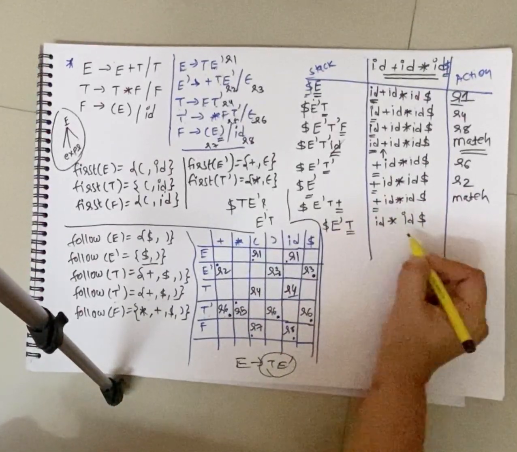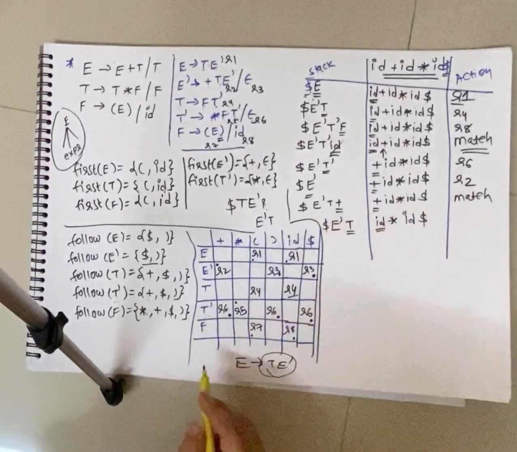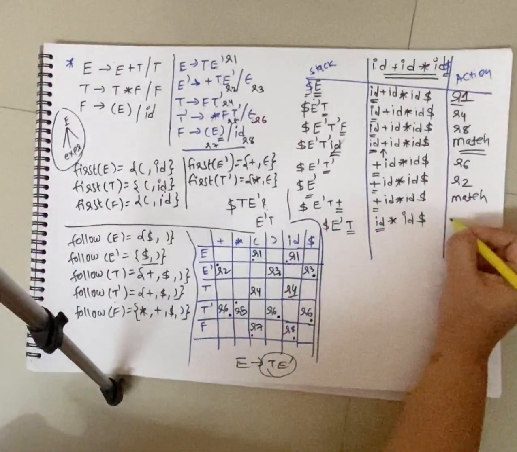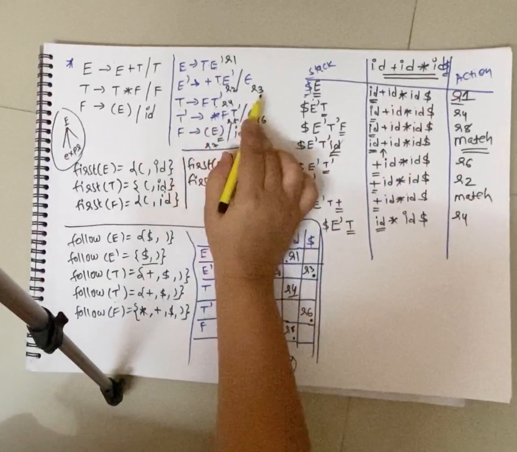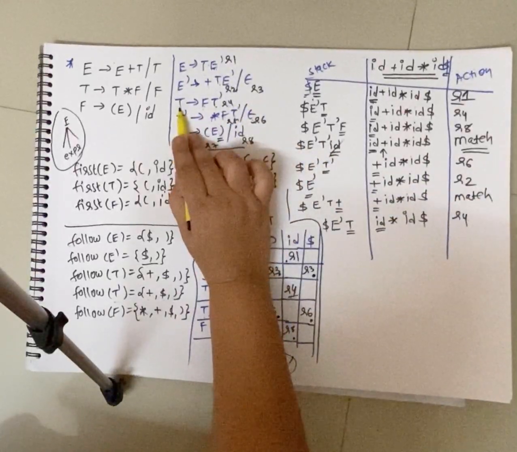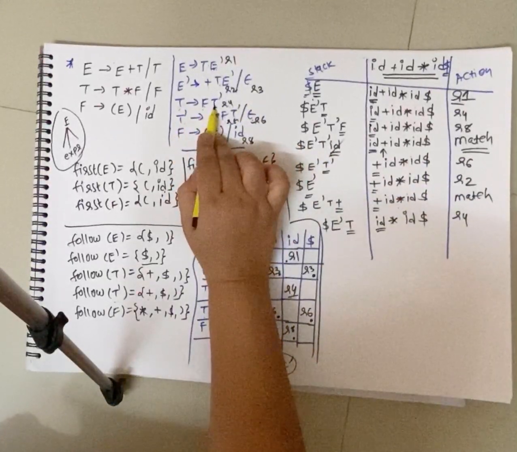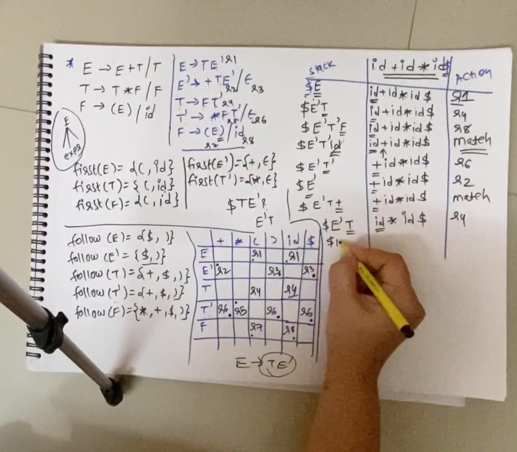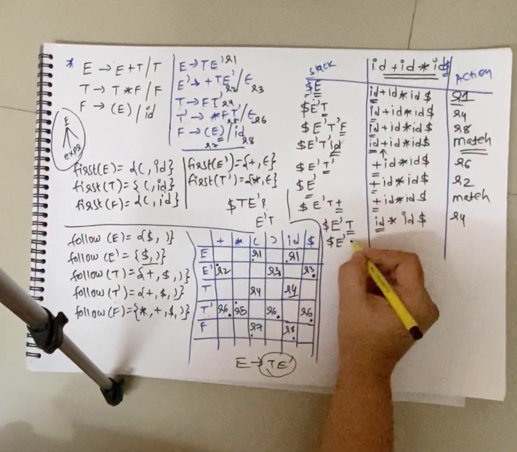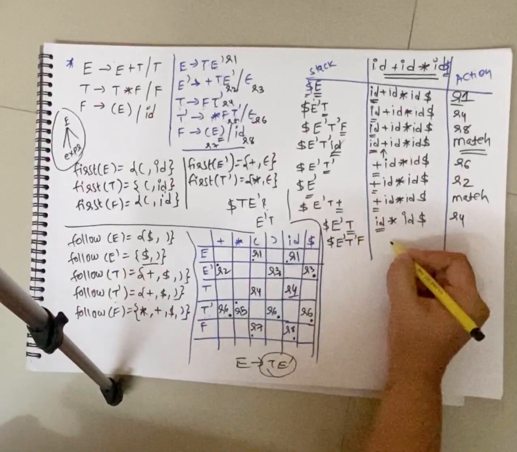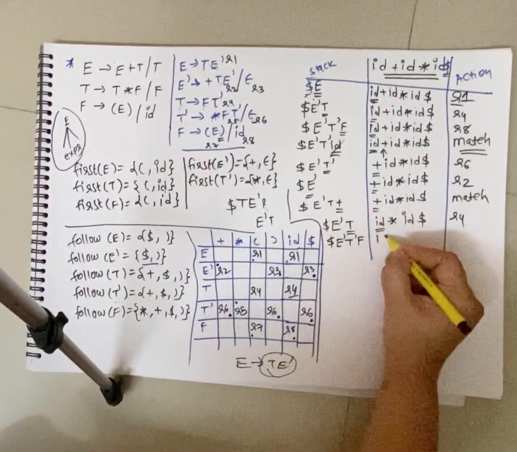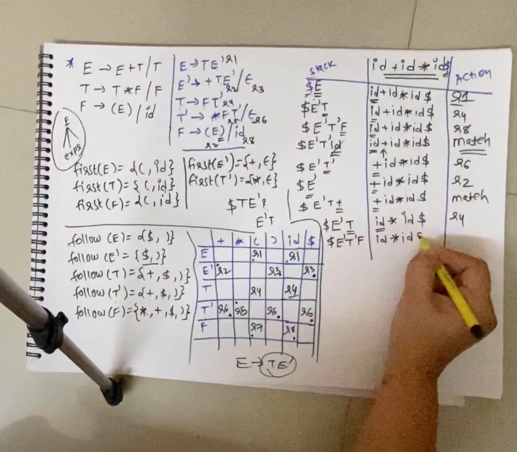Now what is top of the stack? T. What is current input symbol? ID. So T and ID, it is R4. What is R4? R4 says T should be popped and FT dash should be pushed. So E dash will remain as it is, T will be popped and T dash F is going to be pushed. ID multiplied by ID dollar as it is.